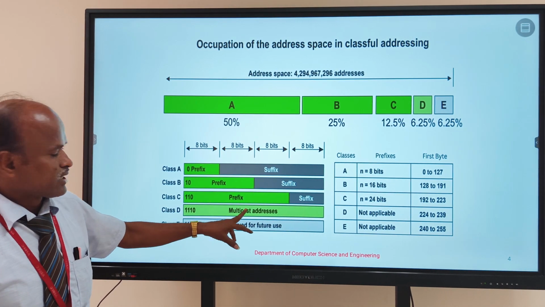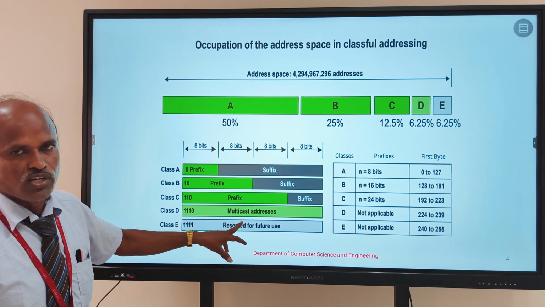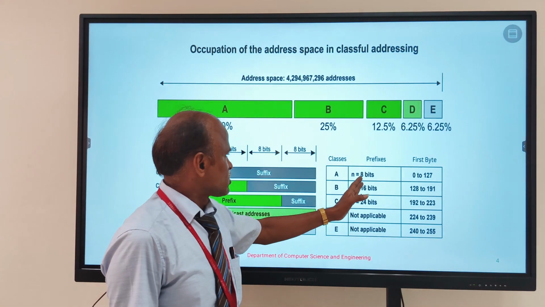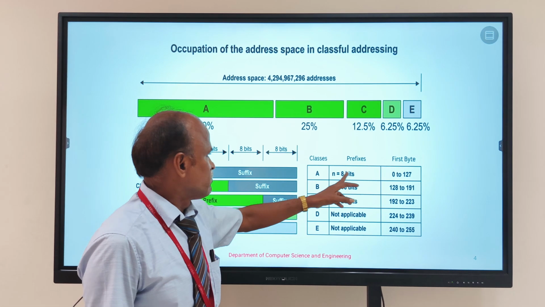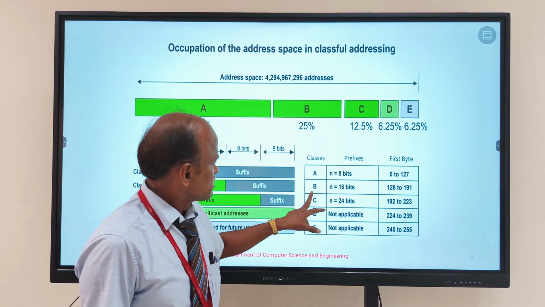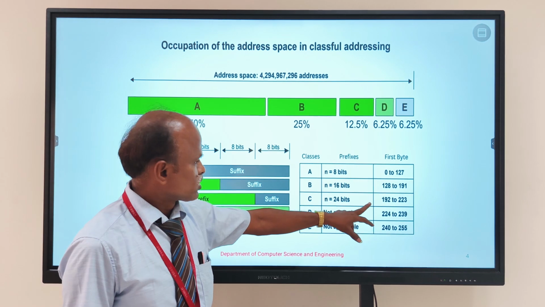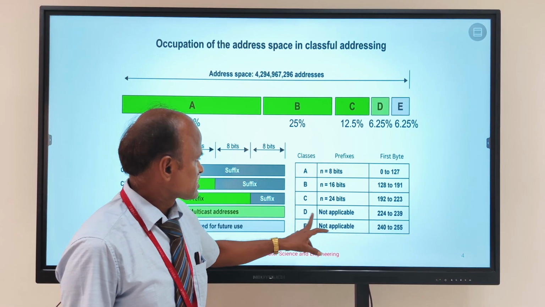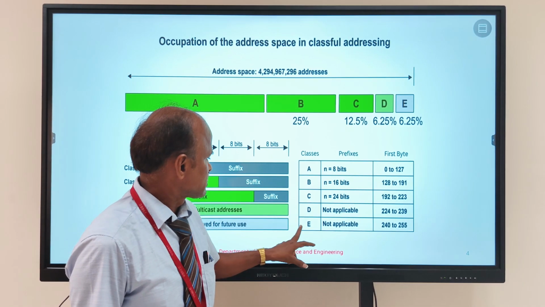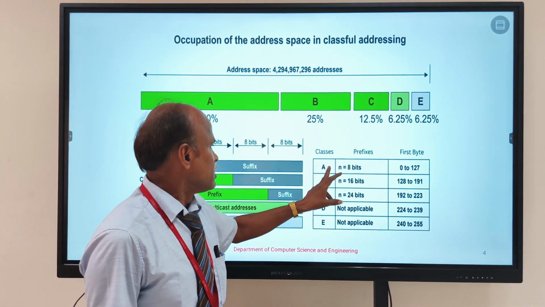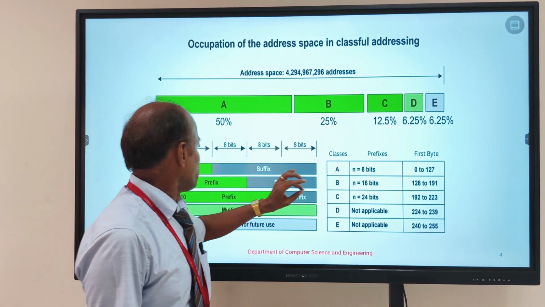Class D is a multicast address and class E is reserved for future use. Based on these classes we have ranges of values. Class A is 0 to 127, class B is 128 to 191, class C is 192 to 223, class D is 224 to 239, and class E is 240 to 255. Based on these ranges we can allocate the classes in IP addresses.